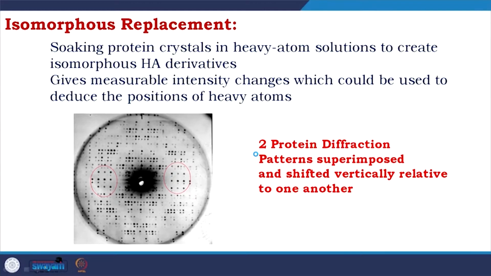Merged means superimposed. So two protein diffraction patterns, one is the native protein, another is the mercury added protein, superimposed, and we could see the shift of the peaks vertically relative to one another, and we could also see the change of intensity very easily. So this tells that by addition of heavy metal there are changes.